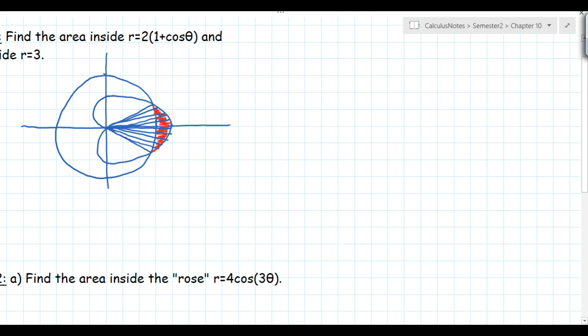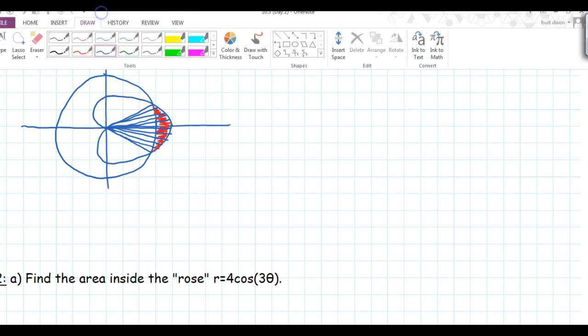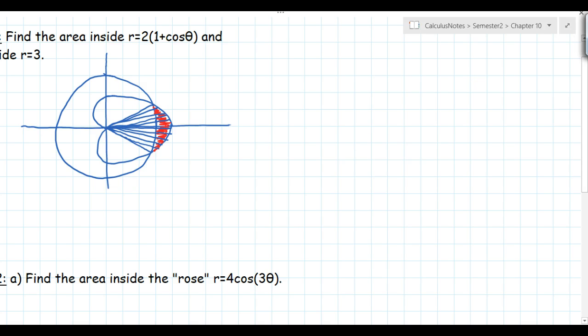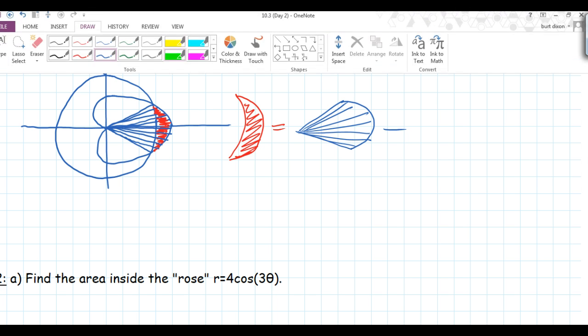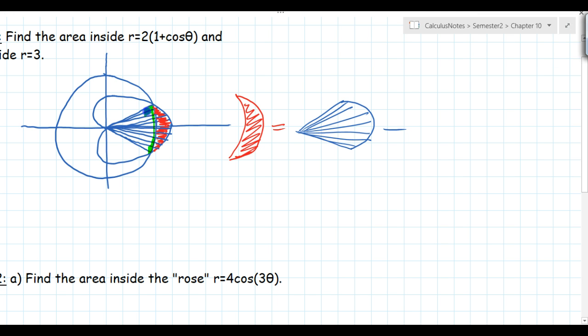Okay? So when I did that, I did get all of the red area shaded in, but I also shaded in some area that I didn't want. Okay, so we're going to have to subtract that off. And so that would look like this. The red area is what we want. So the red area that we want is equal to the blue area minus the green area that we don't want, which is that area.